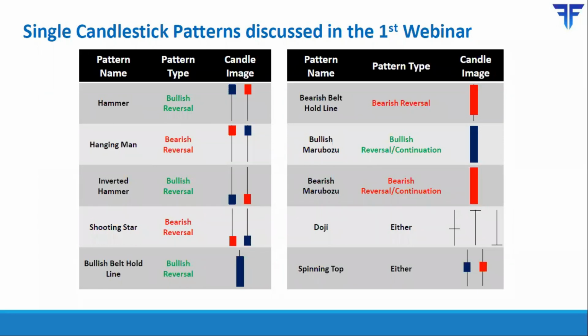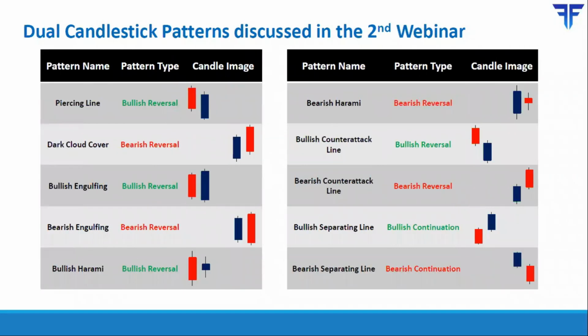Then in the previous week, we talked about the application of dual candlestick patterns, which included piercing line and dark cloud cover, bullish and bearish engulfing, bullish and bearish harami, bullish and bearish counter attack line, and bullish and bearish separating line.